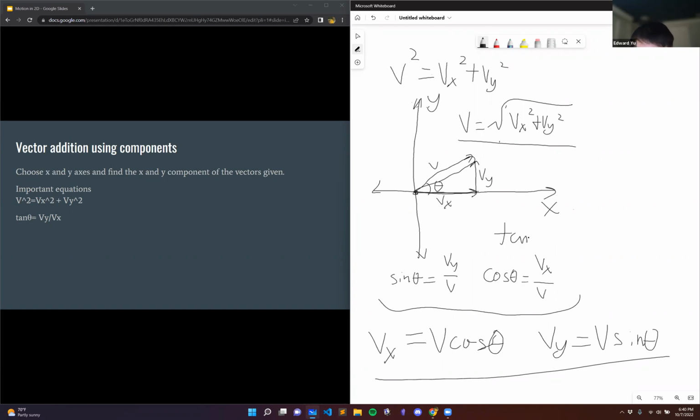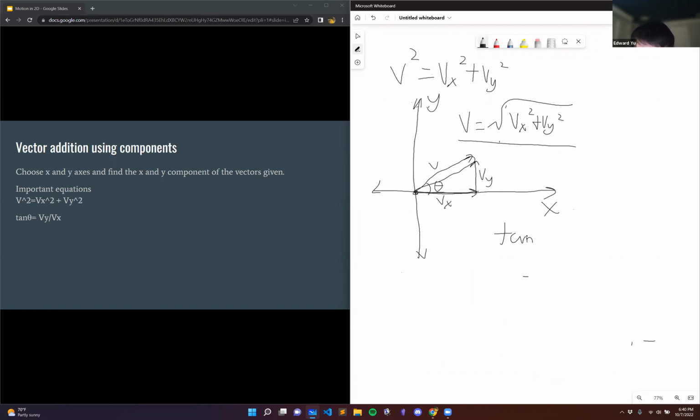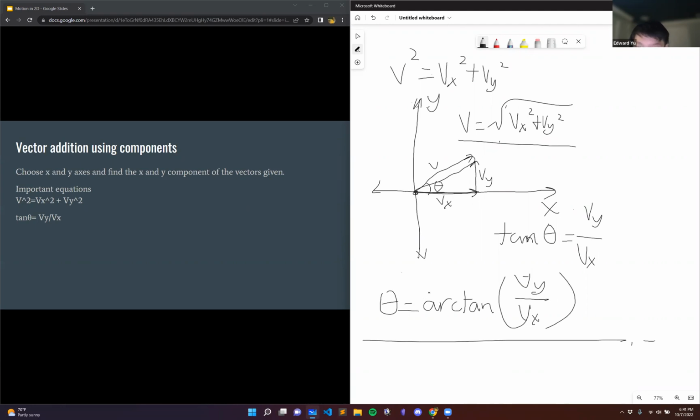Tangent theta is opposite over adjacent. So vy is opposite and adjacent is vx, so vy over vx. To find theta, you just need arctangent, the arctangent of vy over vx. So that's how you would find theta as well.